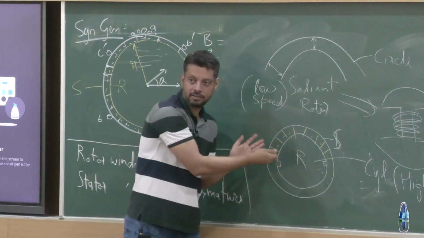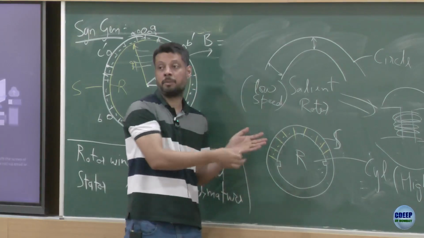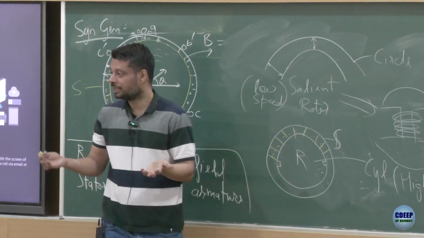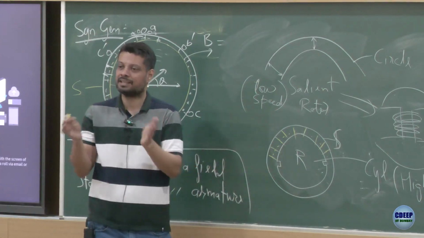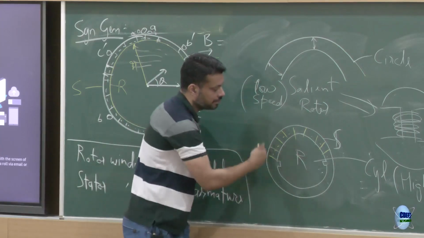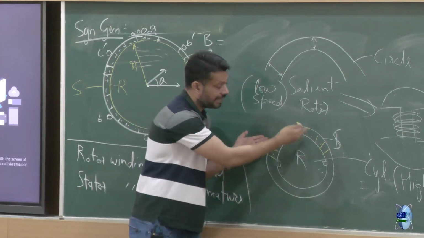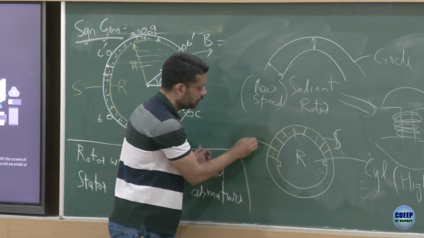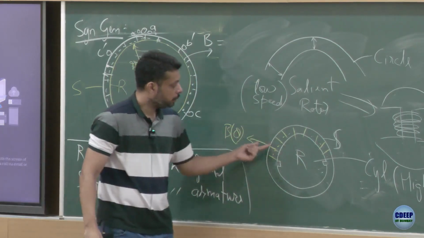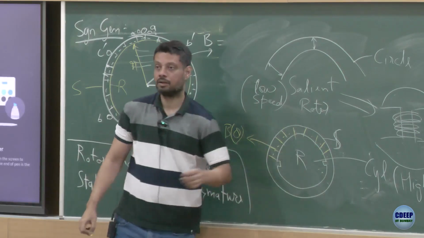This is the rotor, cylindrical rotor made up of very high mu material. This is your stator made up of very high mu material. In between these two high mu materials, there is an air gap. Air gap is uniform. I put turns here. Will the flux density in the air gap, as a function of theta, be sinusoidal or no?